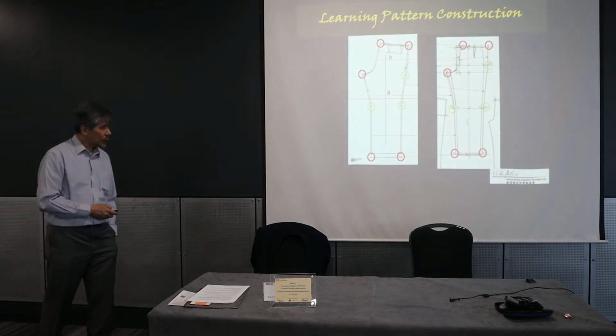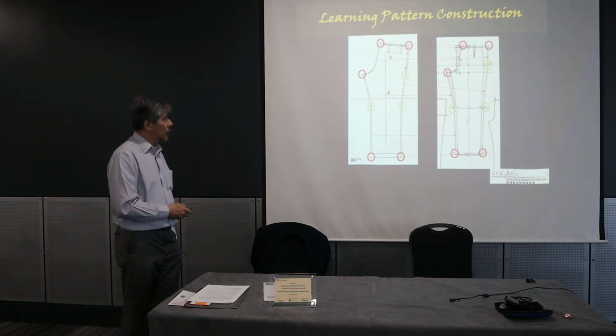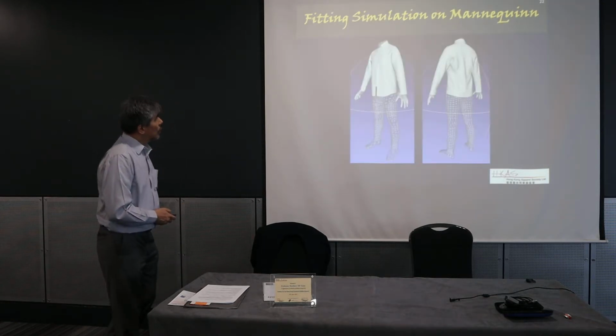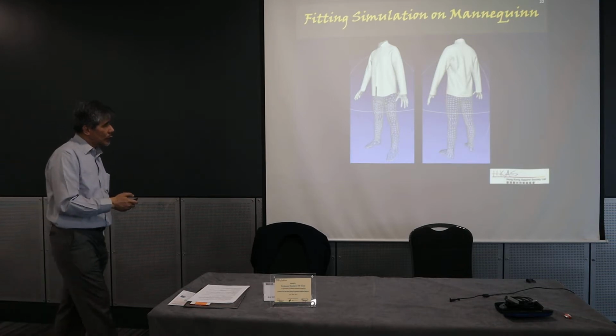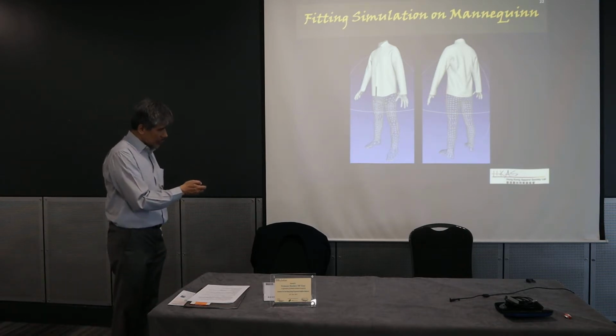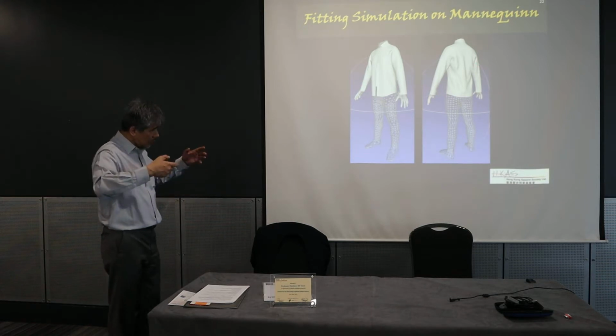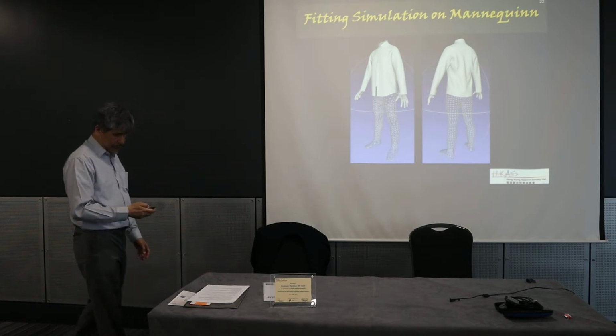That is the basis of the work that we are doing at the moment. After the garment has been made, we can show them together, and this is also a draping display of how the garment fits onto the body.